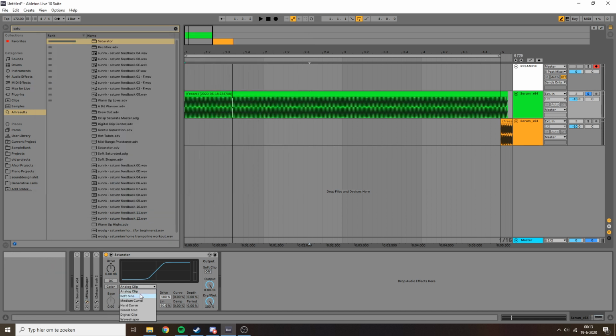So yeah, you can use all these different algorithms, and they all have a very different sound. This one's quite interesting because you can see that we effectively start to fold the wave back in on itself.